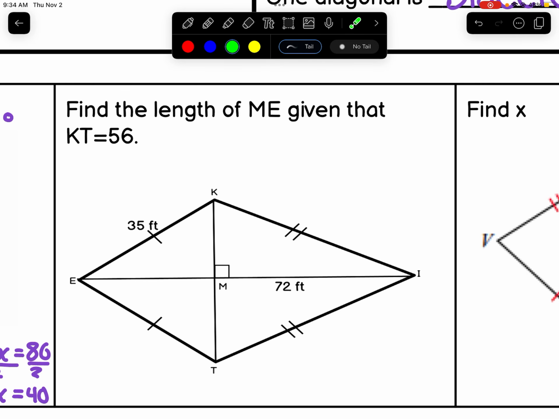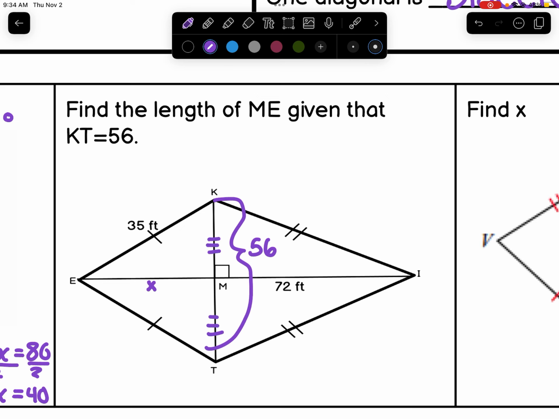So it says find the length of ME. So how long is this, given that diagonal KT is 56 units long. So diagonal KT is the diagonal that is getting split in half.